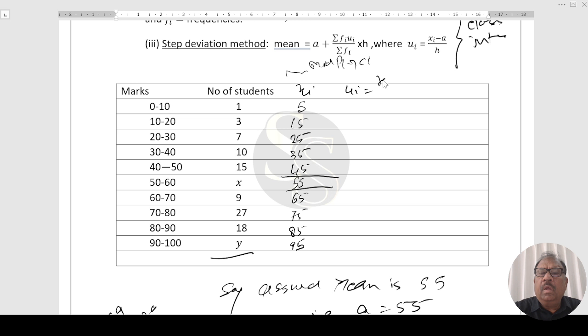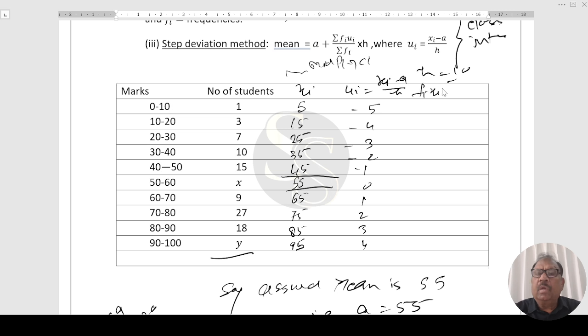Ui equal to xi minus a upon h. H in this case, the length of class interval, is 10. On simplification, 5 minus 55 divided by 10 comes out to be minus 5, then minus 4, minus 3, minus 2, minus 1, 0, 1, 2, 3, 4.